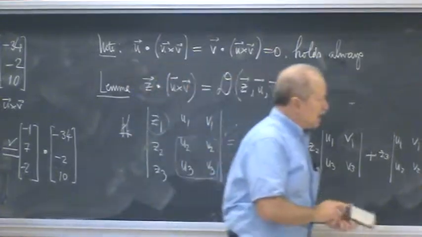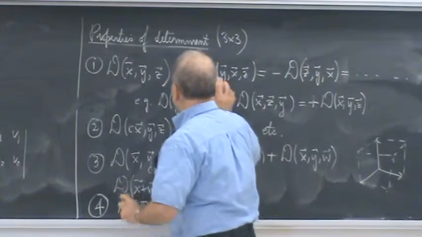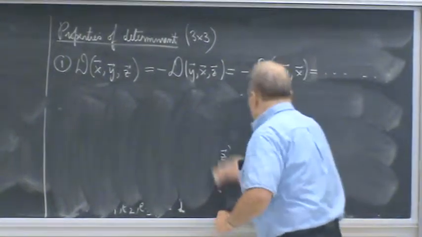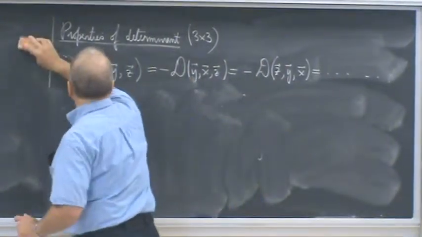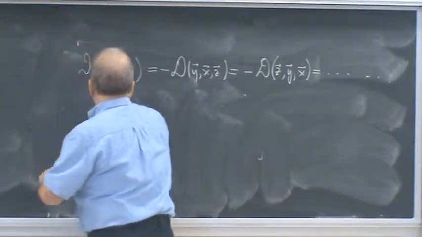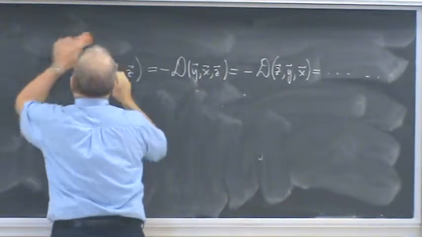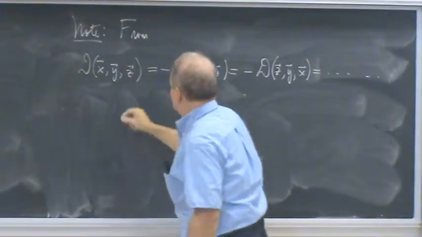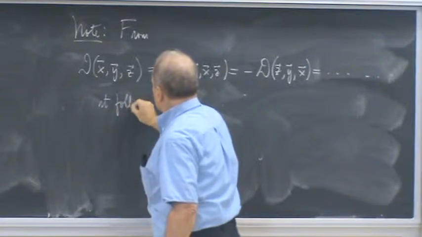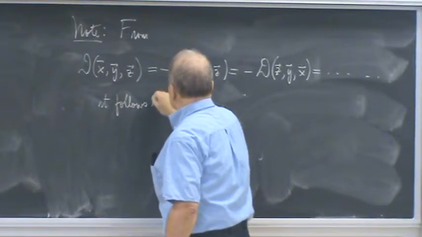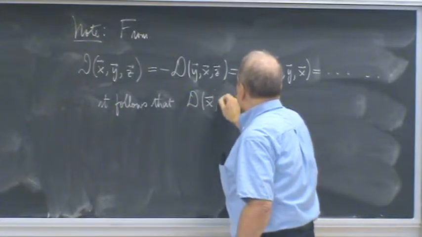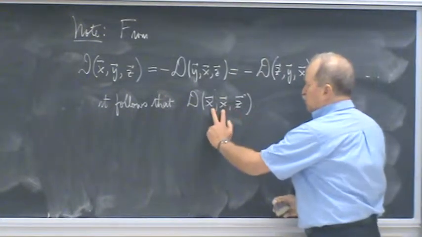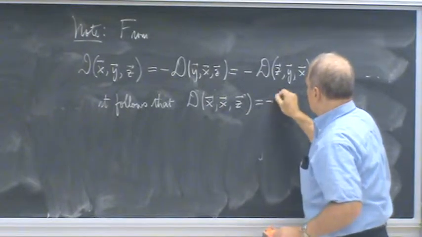Remember you gave me the argument the other day that it followed from this rule. From this formula, it follows that if you put the same vector in twice, you get 0, because if I switch the two, I'm supposed to get the negative.